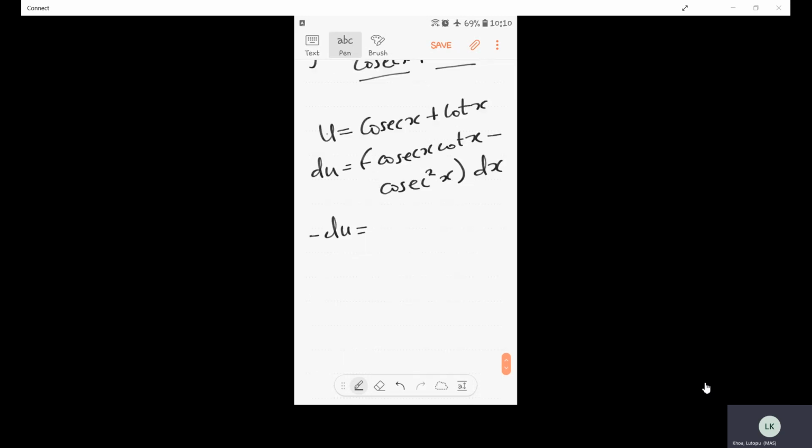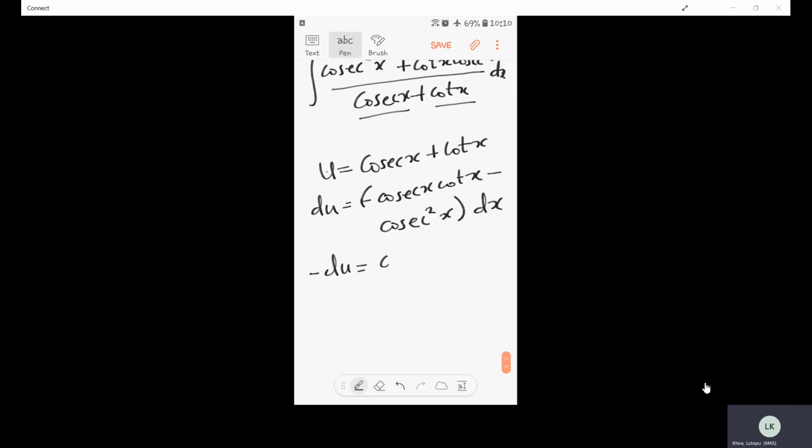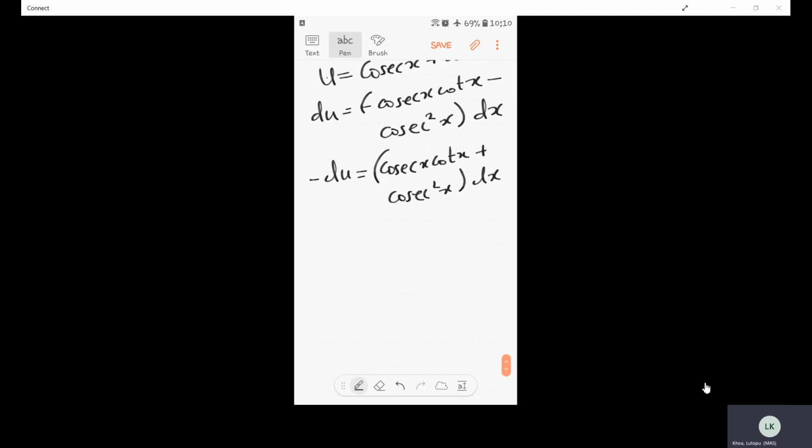This is equal to cosec x cot x plus cosec squared x dx.